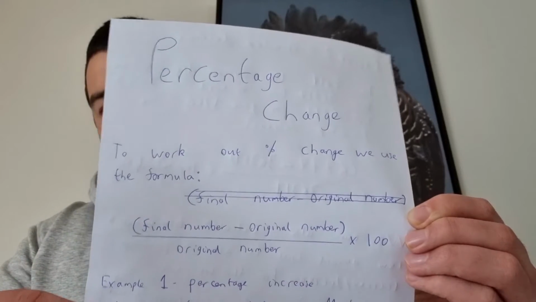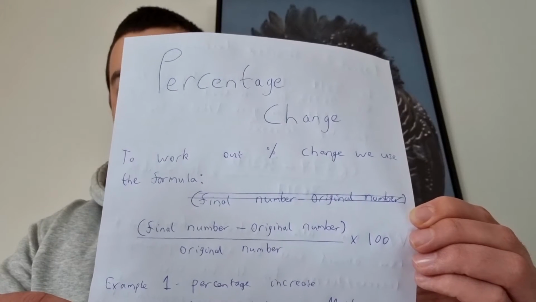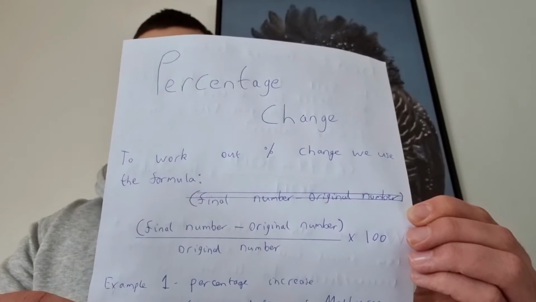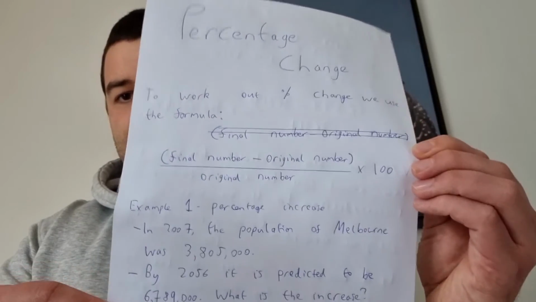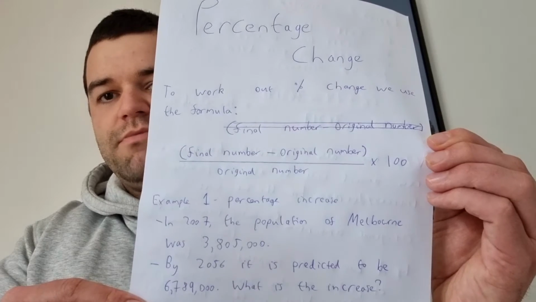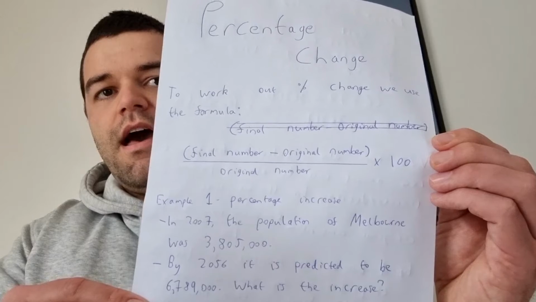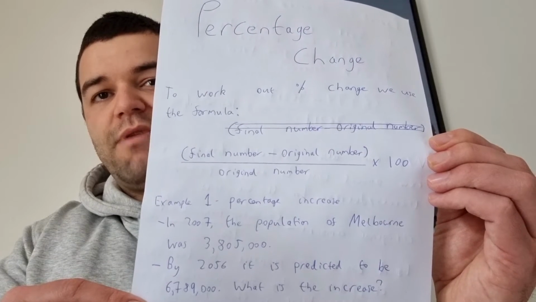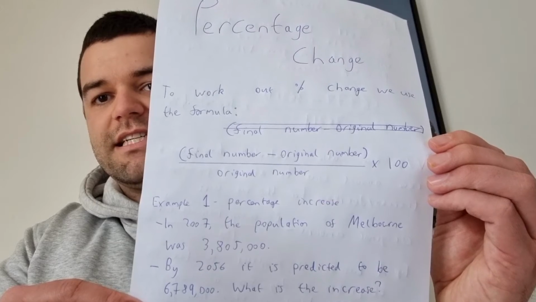Okay, so we're going to look at a worked example, this one looking at percentage increase, so percentage going up. So for this, in 2007, the population of Melbourne was estimated to be 3,805,000, and estimates reckon by 2056 it will be 6,789,000.